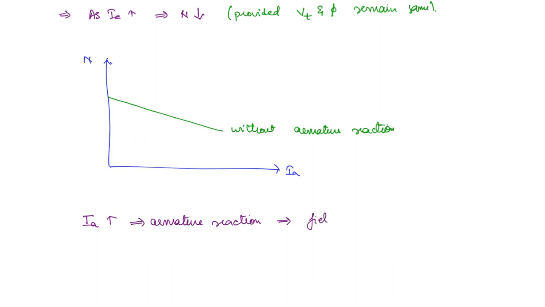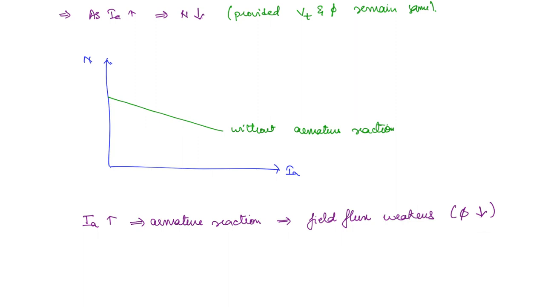So field flux weakens as IA increases. And what is field flux? Phi. So phi is reducing. We have seen that as IA increases the speed decreases, provided Vt and phi remain the same. But with armature reaction, the flux is reducing, so as IA increases, flux is not constant in reality but changing.